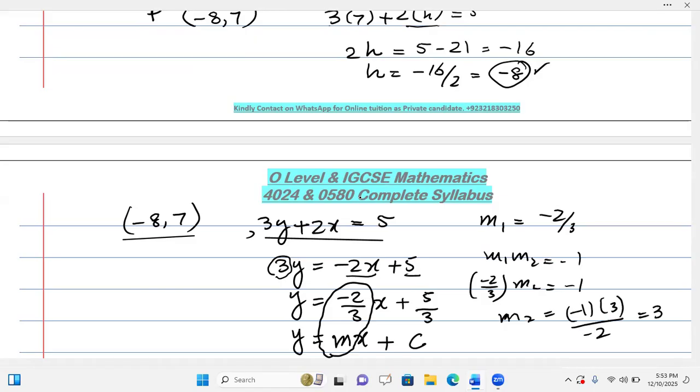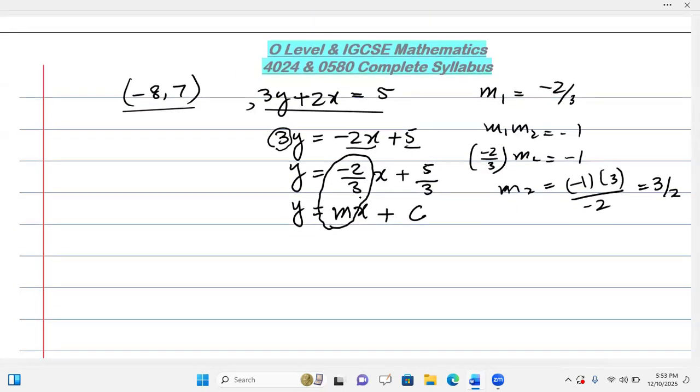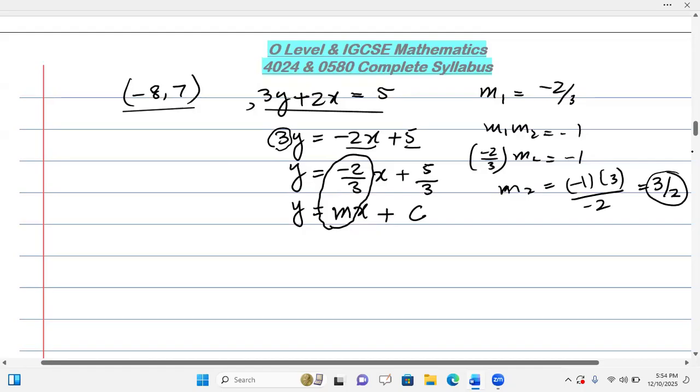So it will become 3 over 2. And we now have the gradient of the perpendicular line as 3 by 2. So I am using this equation again, y is equal to mx plus c. So y is equal to 3 by 2 x plus c.